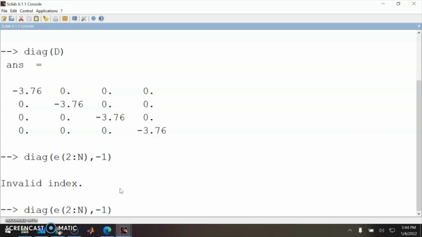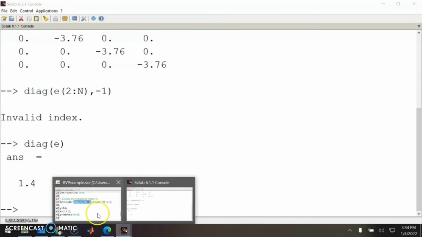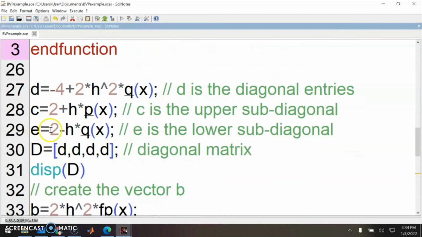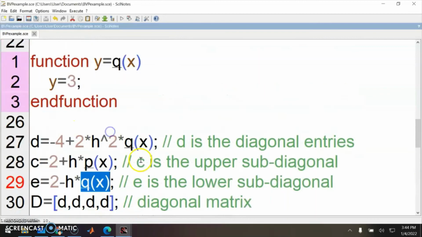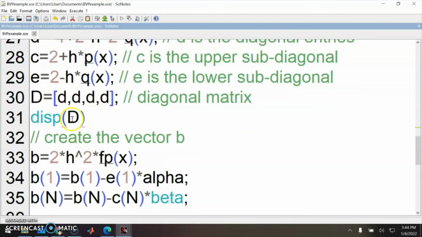From 2 to n minus 1. Okay, let's look at what diag E means here. E is not even giving me a matrix, E is just one value. You know why? Because E is 2 times h times qx, and q is a function but it's a constant 3. And h here is the one that gives you all this variable.